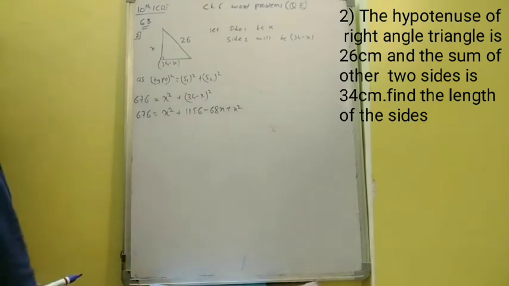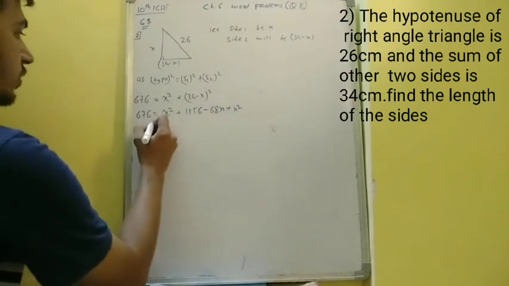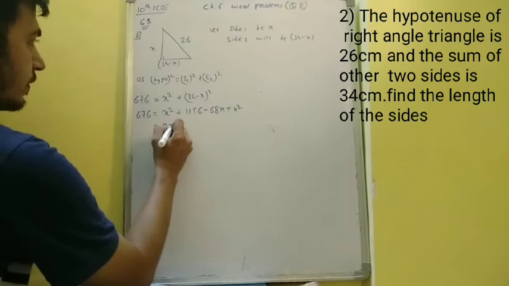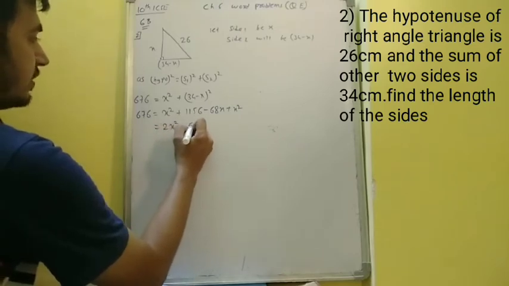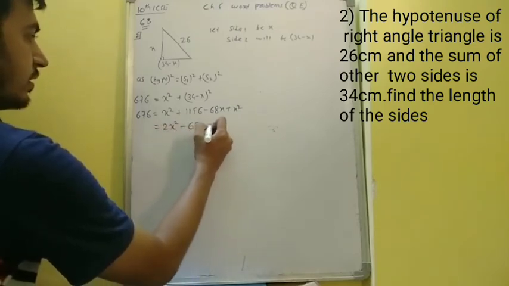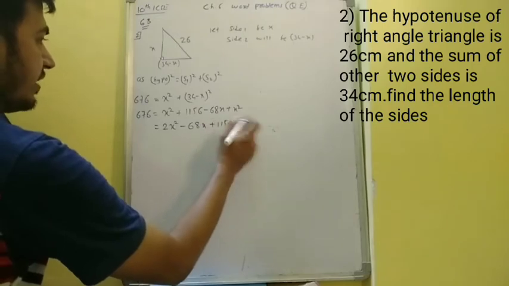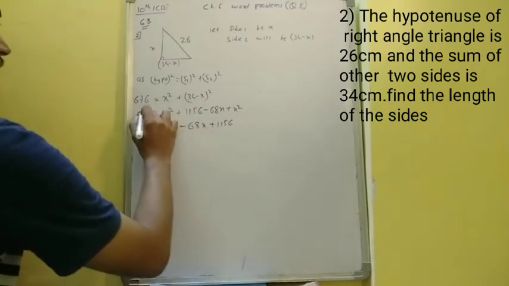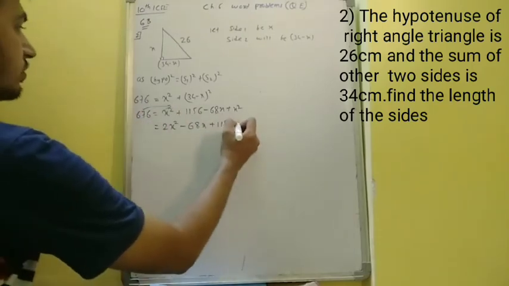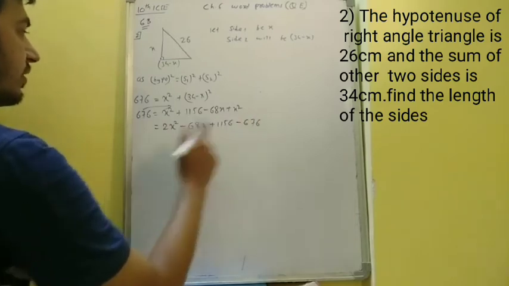So x square plus x square will be 2x square minus 68x plus 1156. 676 will go there and become minus 676, equal to 0.